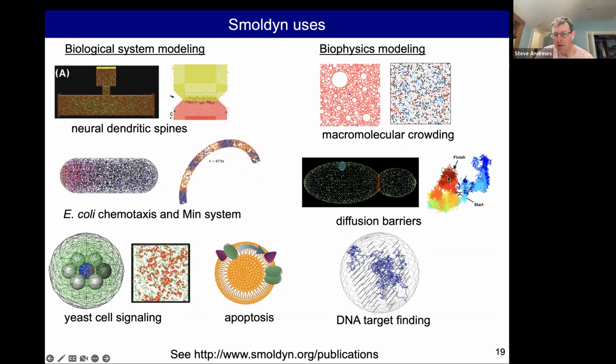Looking at diffusion in a corral region, you have easy diffusion in one region, and then it hops from region to region, giving this interesting diffusion trajectory of hopping from spot to spot.